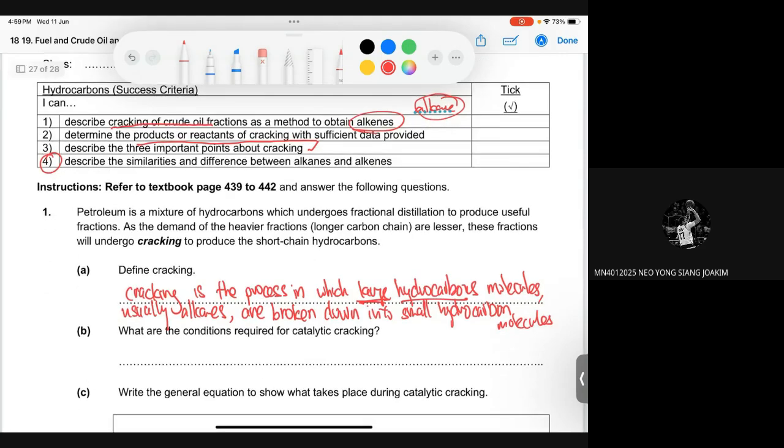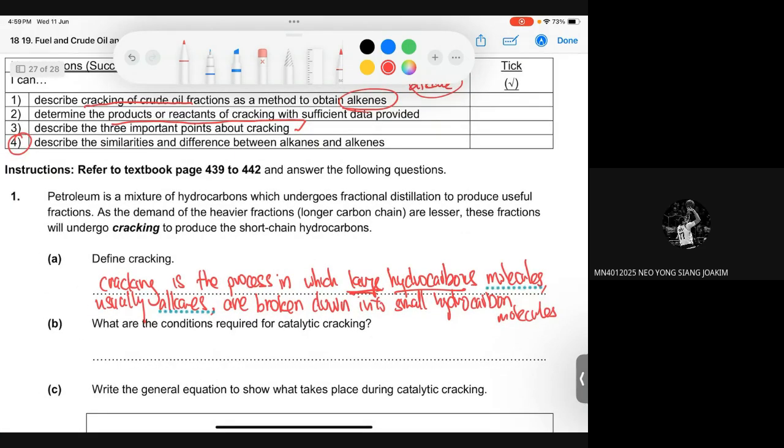Right? That's what cracking is. It's about breaking that large hydrocarbon molecule into smaller ones.